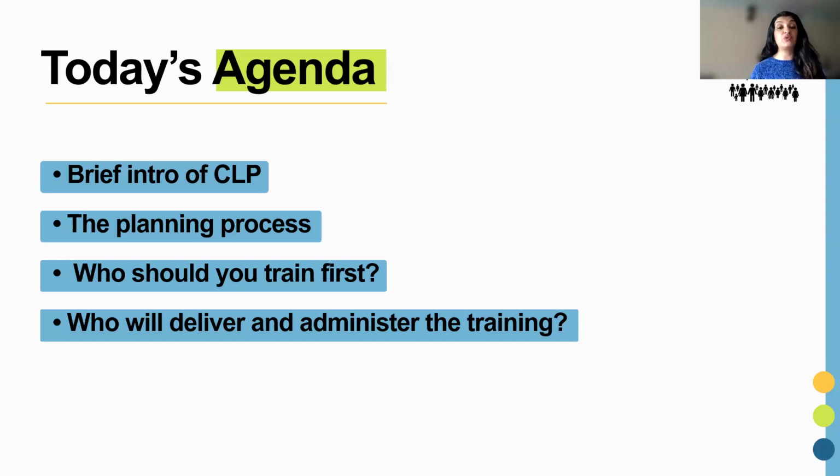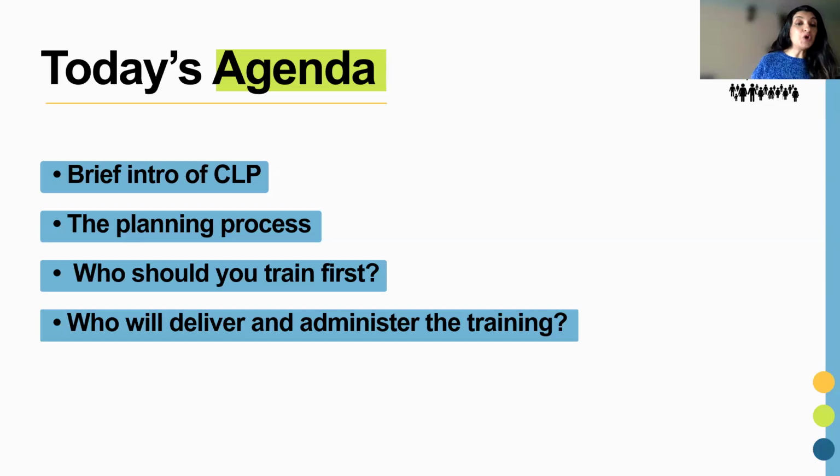So the planning process, why is this important? And how getting organised is really crucial to get your well-oiled machine up and running, to get your training out. So we'll be touching on things like who you should train first and how you can gain buy-in to continue the rollout.